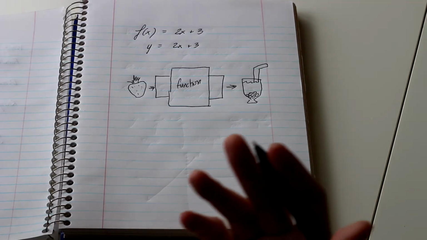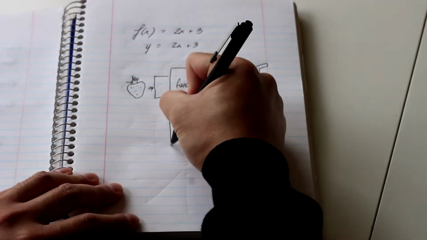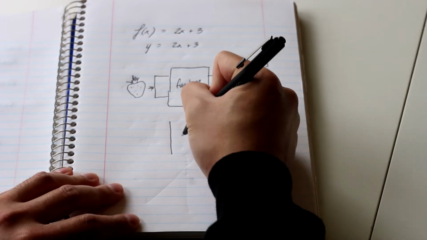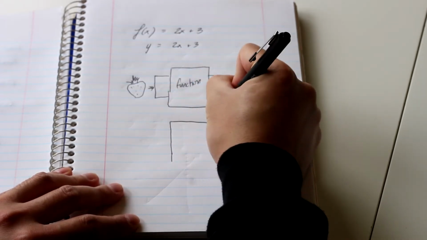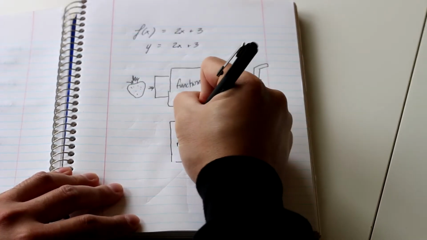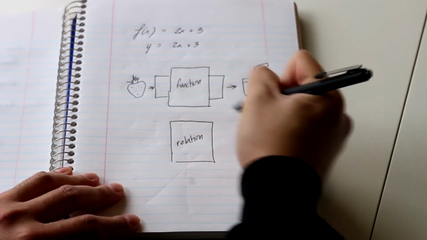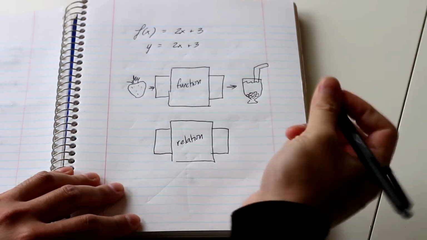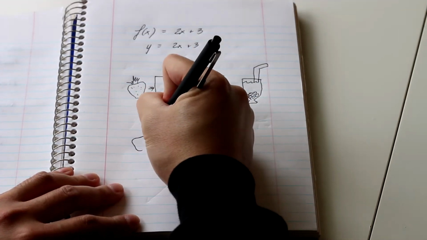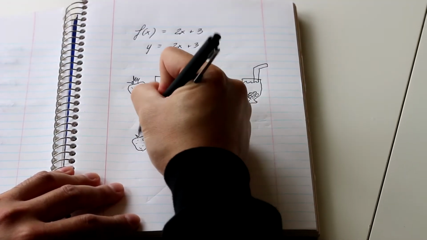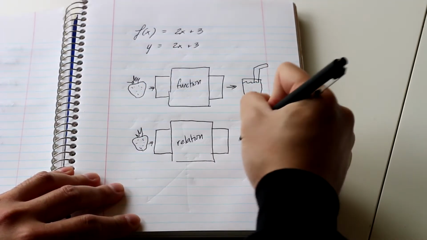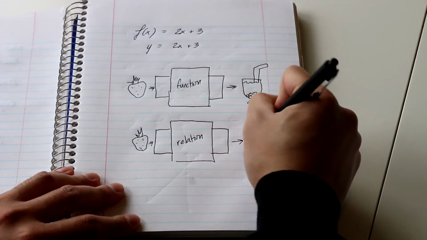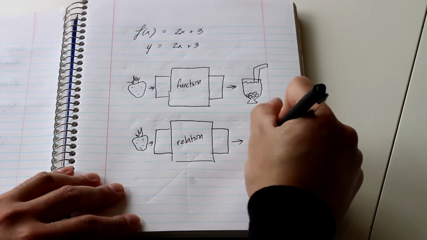And let's say instead of a function, we had something called a relation. And a relation is different from a function because with relations, let's say I put that same strawberry in, right? I put it in, and instead, I come out with 2 milkshakes.